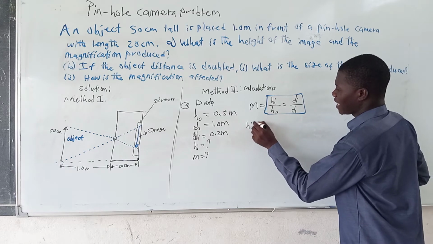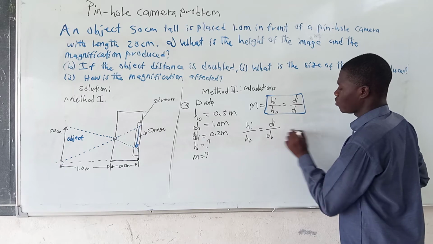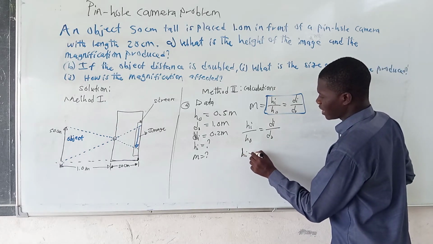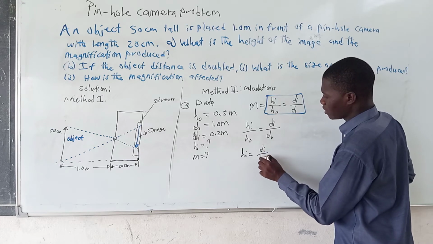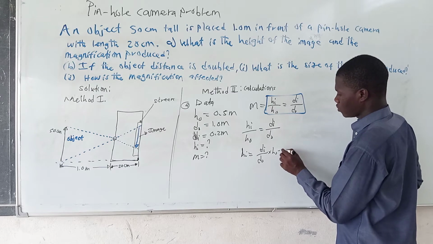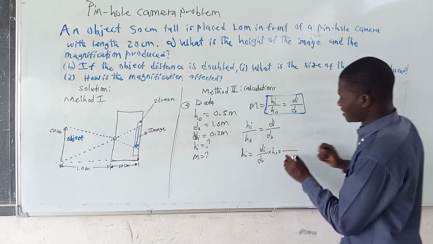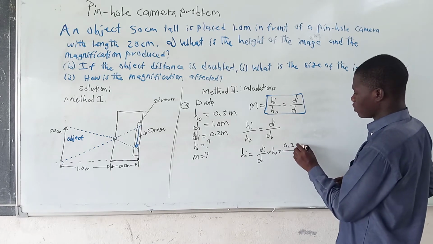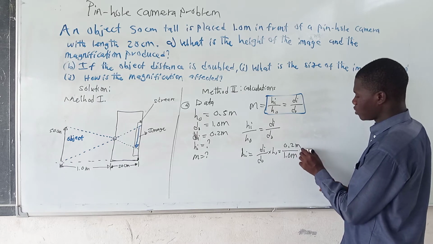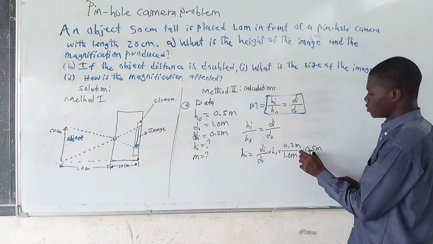So that means HI over HO is equal to DI over DO. Making HI the subject, HI is equal to DI over DO multiplied by HO. And we substitute the values: DI is 0.2 meter, DO is 1.0 meter, HO is 0.5 meter.